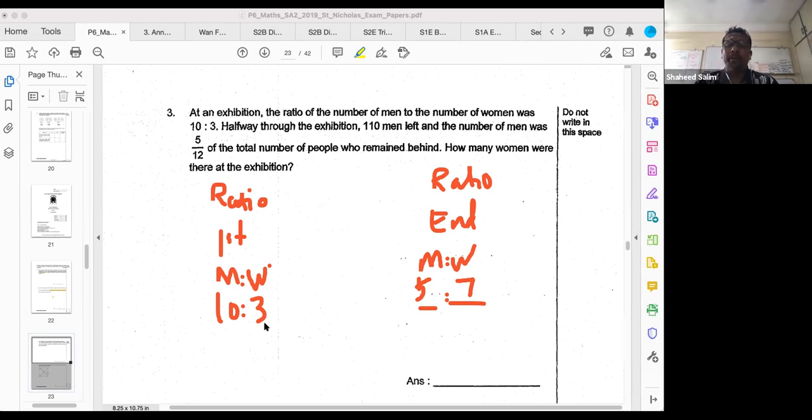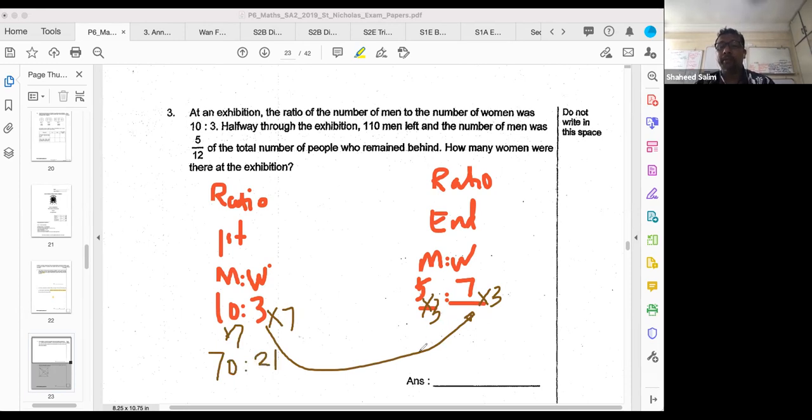Hey, what number do we make it the same? Times 7. This one what? Times 3. Do the same thing, times 3. Then now you can see. At first, men is 70, women is 21. And then men became 15. Women is still 21. Can you see the number of women didn't change? Good.